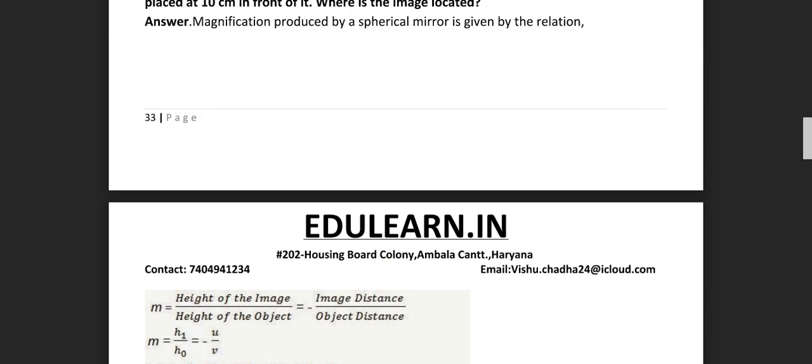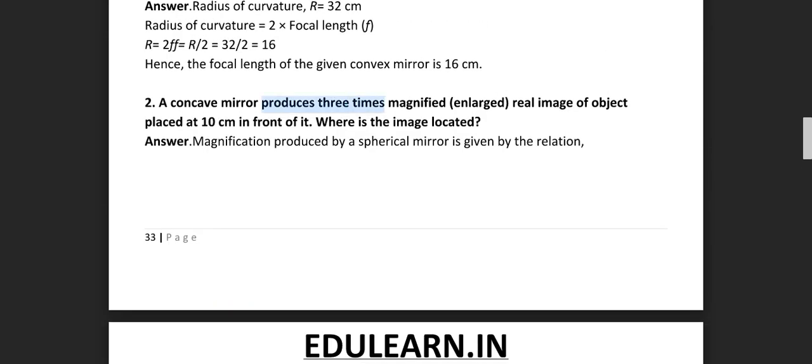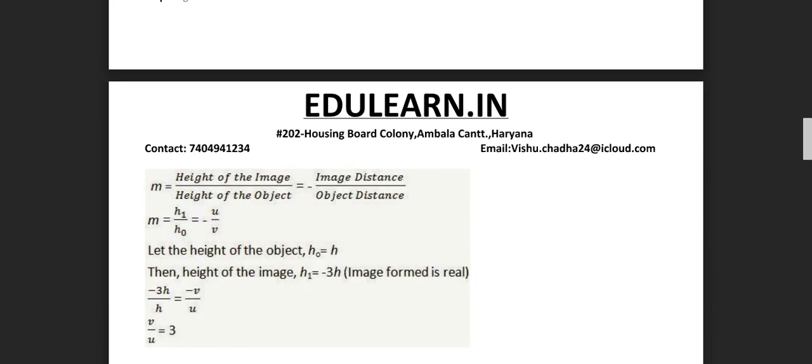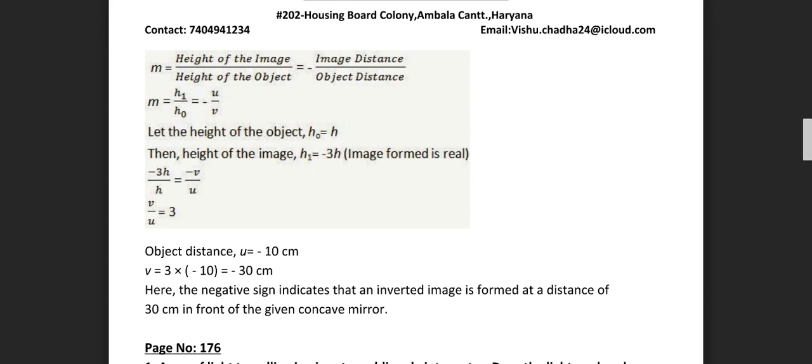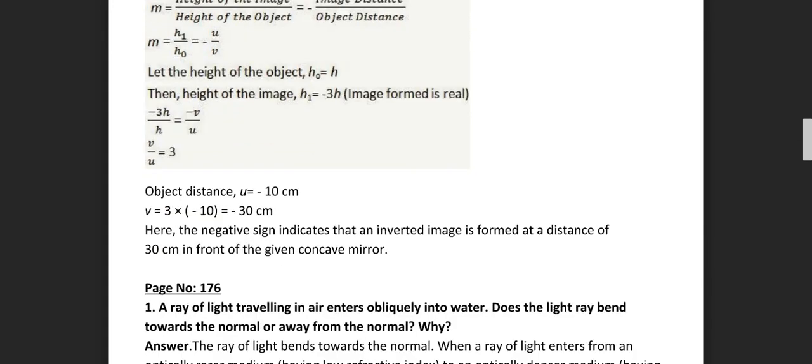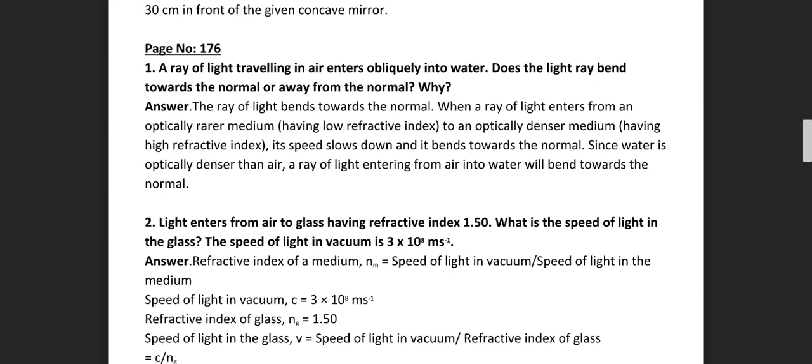So here in the question they have given you the image is 3 times magnified as that of the object. If the height of object is h, then the height of image will be 3h, right? So in this case we put down the values and we will get the value as minus 30 centimeters, right?